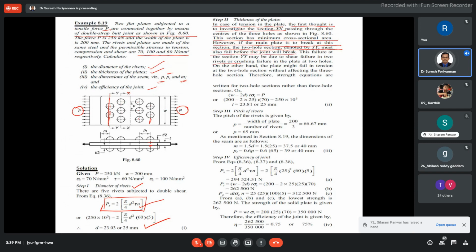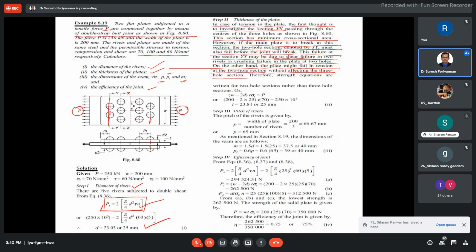The failure at section YY may be due to shear failure in two rivets or crushing failure in the plate at two holes. On the other hand, the plate might fail in tension at the two hole section without affecting the third hole section.